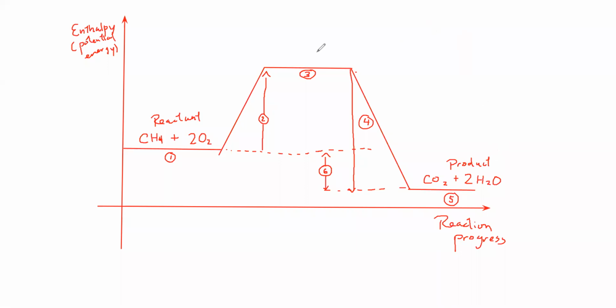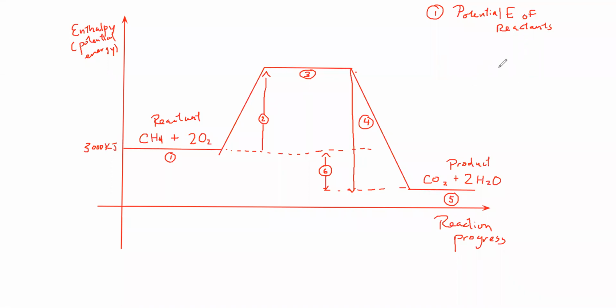So, first things first, number 1. Well, number 1 represents the potential energy of reactants. So let's make up some number here. Let's say we get to, I don't know, 3,000 kilojoules, just for argument's sake.